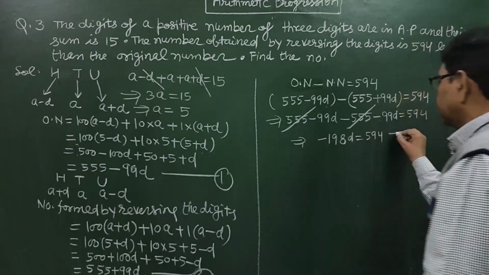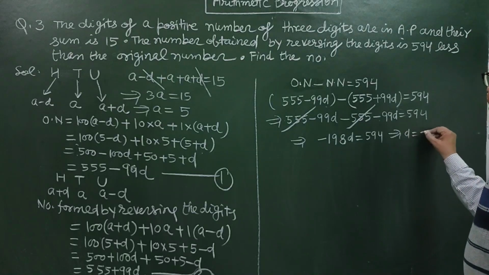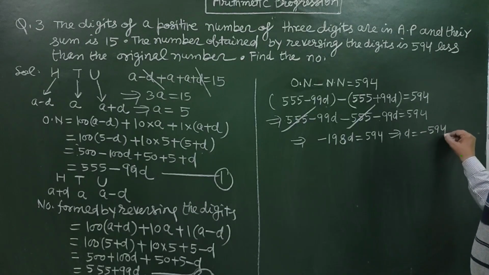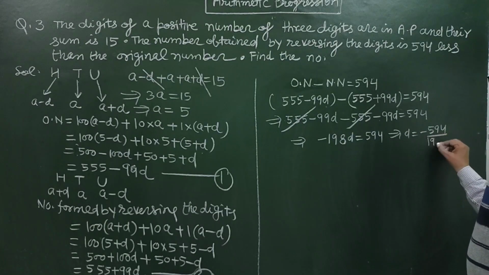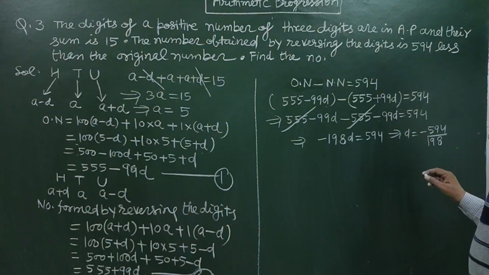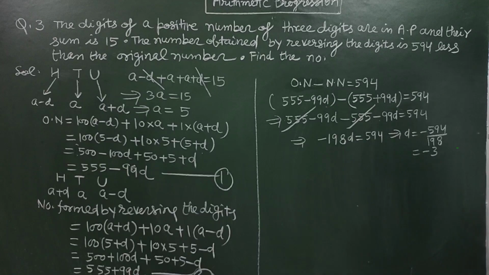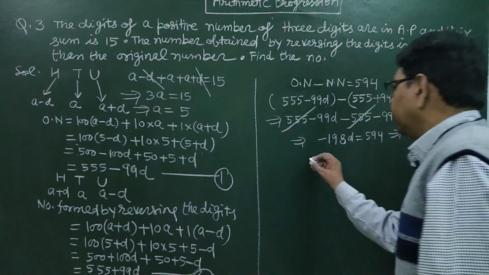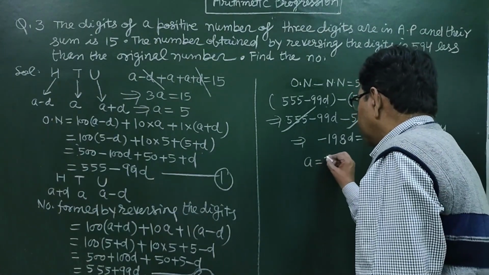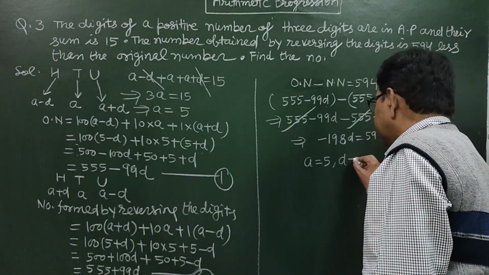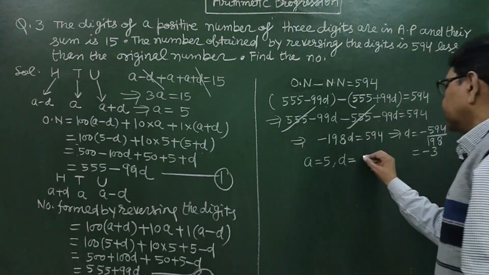That is, we can say the value of d is equal to minus 594 upon 198, and this is equal to minus 3. So we have got the value of d, and the value of a is 5.